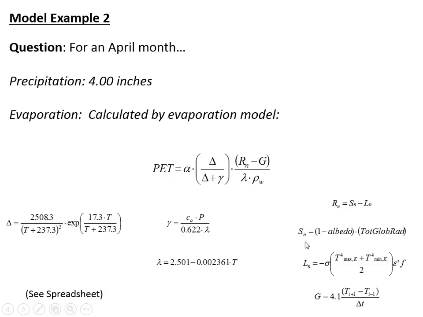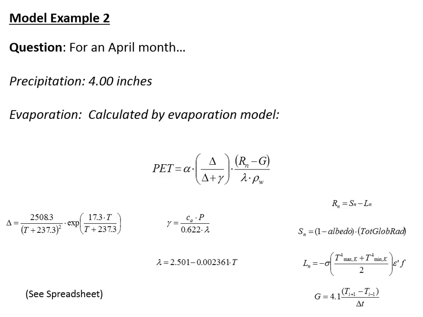Now, the things that I've just assumed in the spreadsheet are either constant or related to the air temperature. There's long-wave radiation and short-wave radiation, and we've had questions about that on a previous quiz. The long-wave radiation is the radiation that is reflected from the Earth's surface back out towards space.